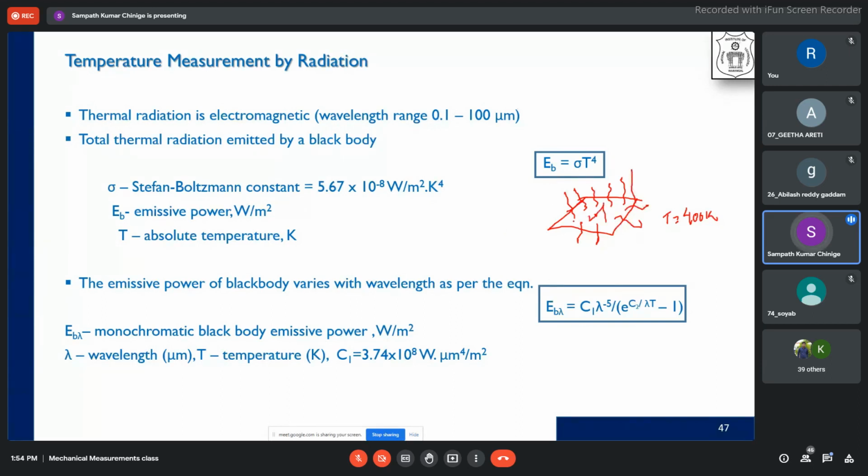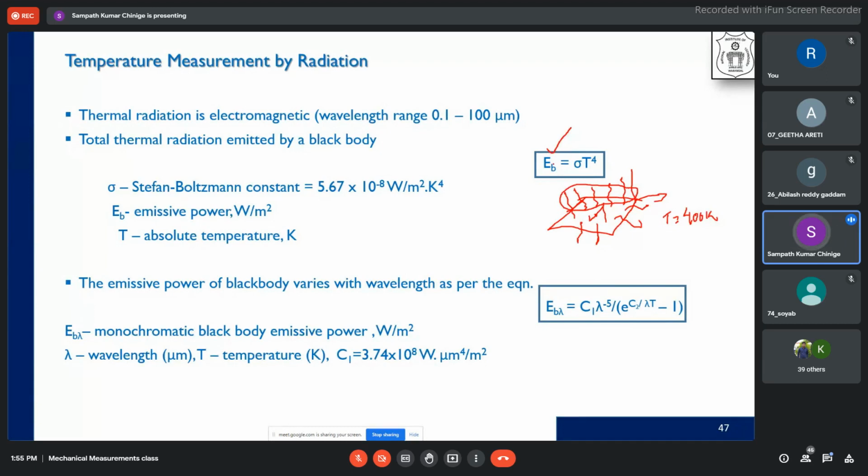So there is always some radiation being emitted. The maximum emitted energy, the total emitted energy outside the body, depends on its temperature. This is what we call emissive power.